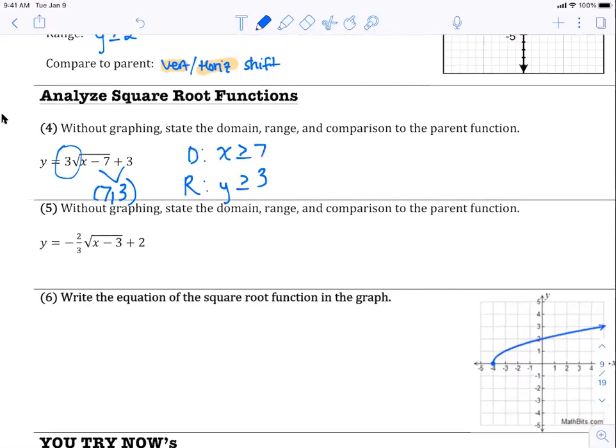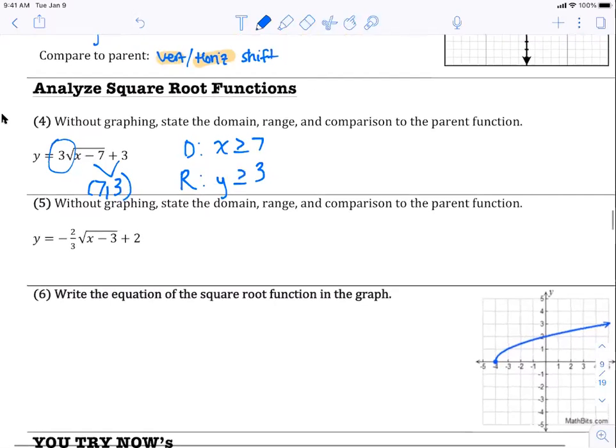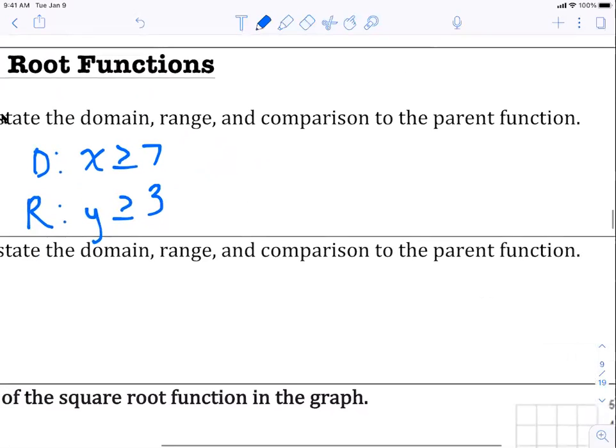Now, comparison to the parents, what you just found are your first two. Because you have a number of 7 and 3, both h and k are a number, that means we have both a vertical and a horizontal shift.